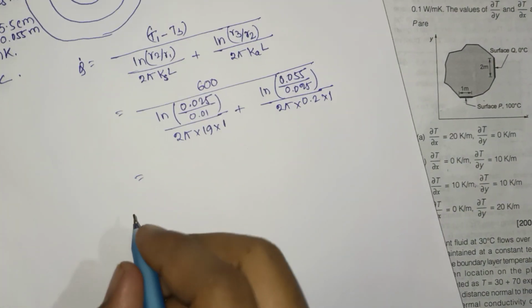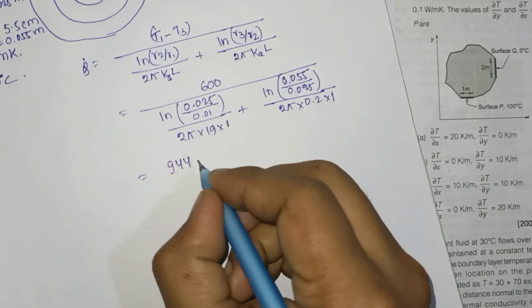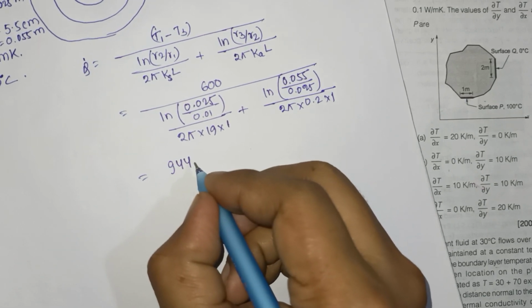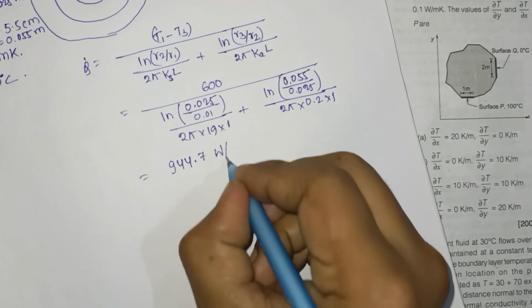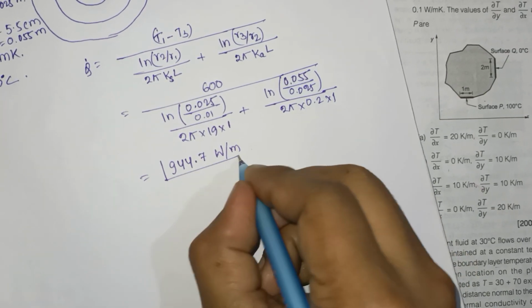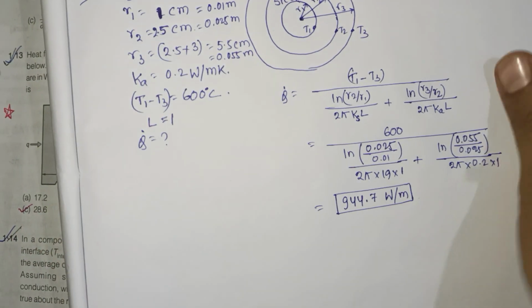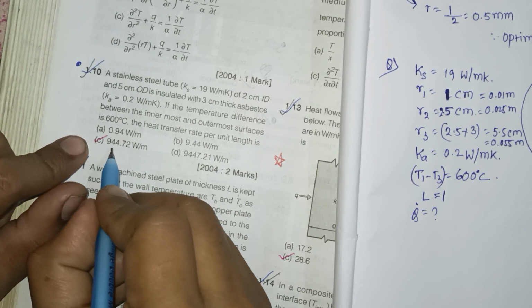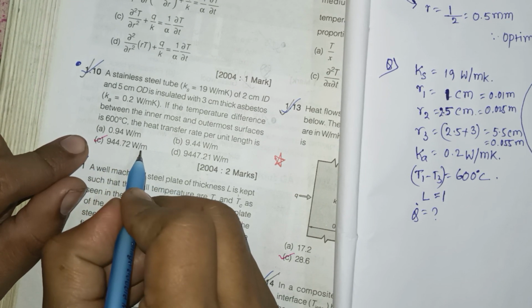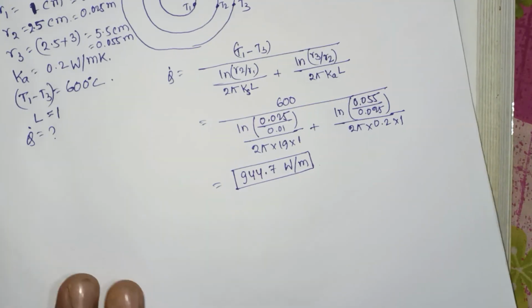So if you calculate, this value will be 944.7 watt per meter. Okay, so here the correct answer is option C, 944.72 watt per meter.